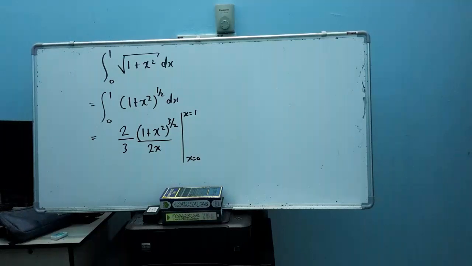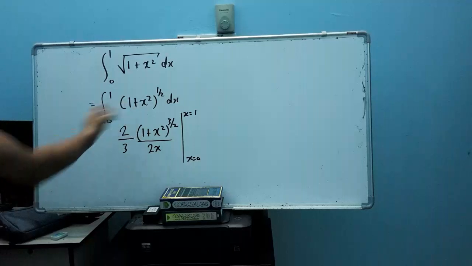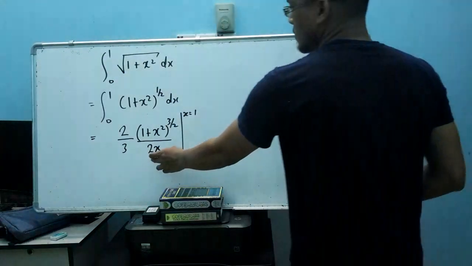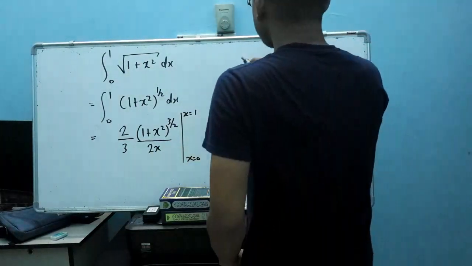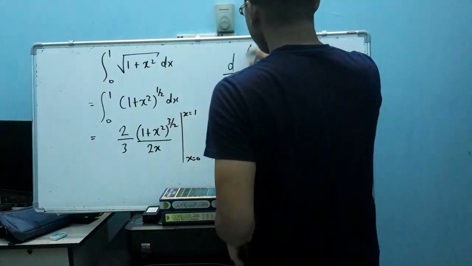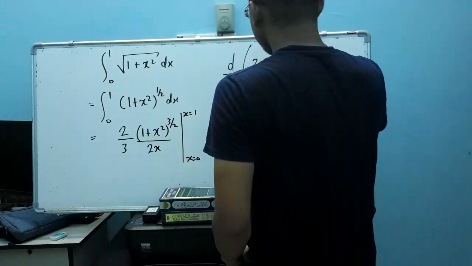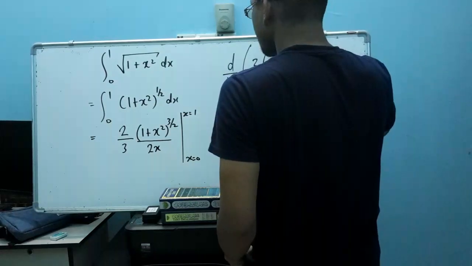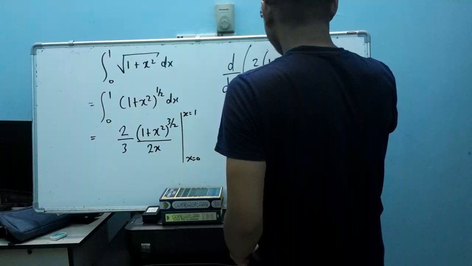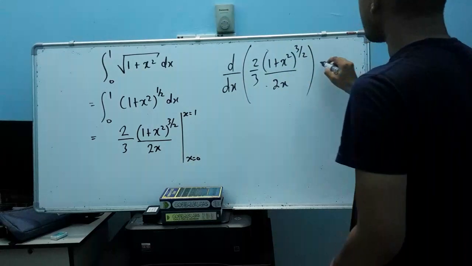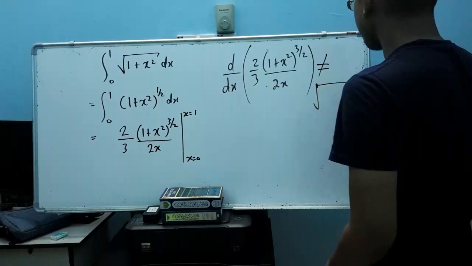Actually this one is wrong. Your calculation here is wrong. Why? Because you can check: when you take the derivative of this function, you can check that it is actually not equal to the original function.